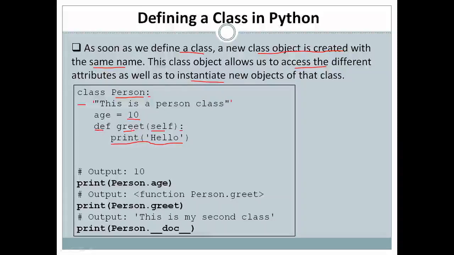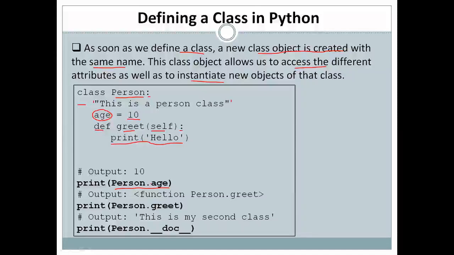Now how can we access the members of this class person? How can I access age and the function greet from outside the class? You can see here how it is accessed. Print person.age. I want to access this age from outside the class. It is not indented, you can see it is outside the class.